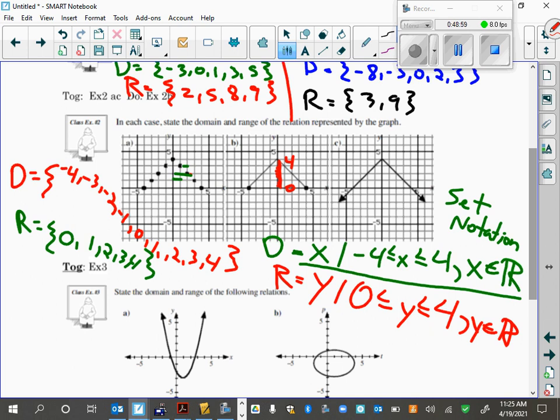Now let's look at C. Before I teach you C, let's just see what your brain tells you for the domain and range. You don't have to write anything down, just look at C. The difference is it's got arrows.